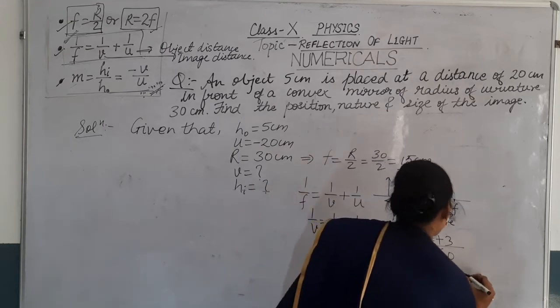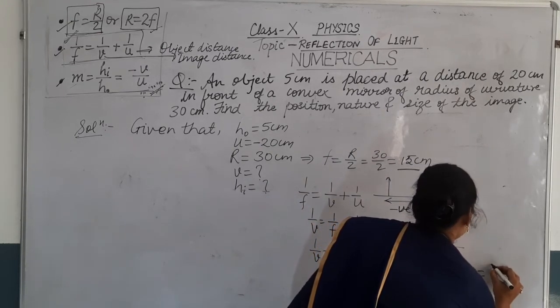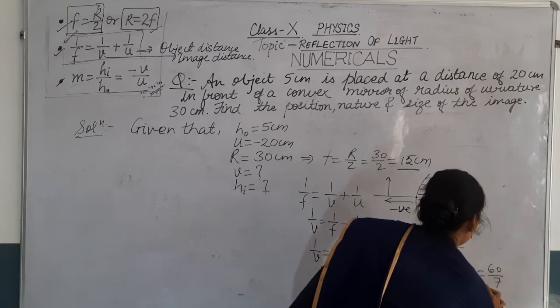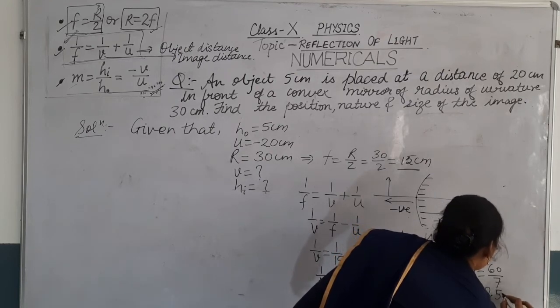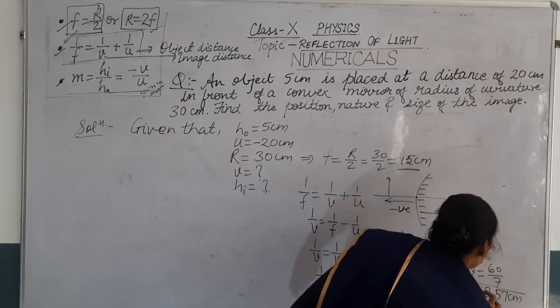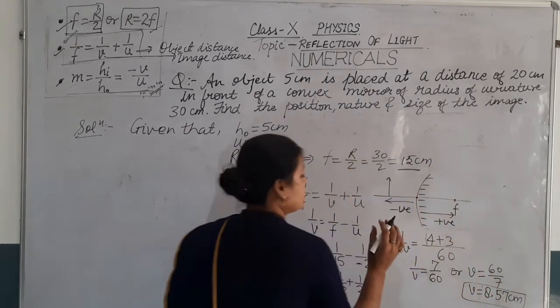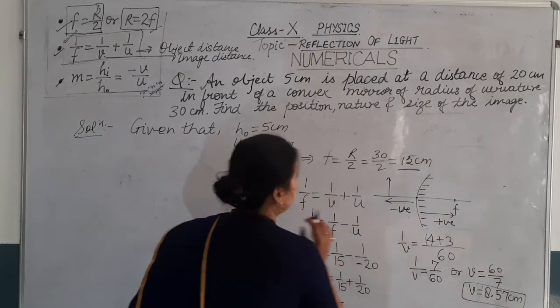Or similarly, same thing we can write like this, 60 upon 7. Dividing this, what we will get? We will get 8.57 centimeter. This will be the distance of the image from mirror.